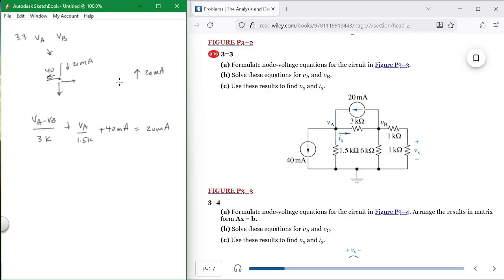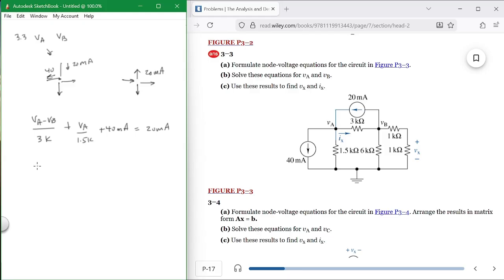And the current coming in this way is VA minus VB. And the current going out this way is VB over 2K. And the current going out this way is VB minus 0. So basically you can write that one.